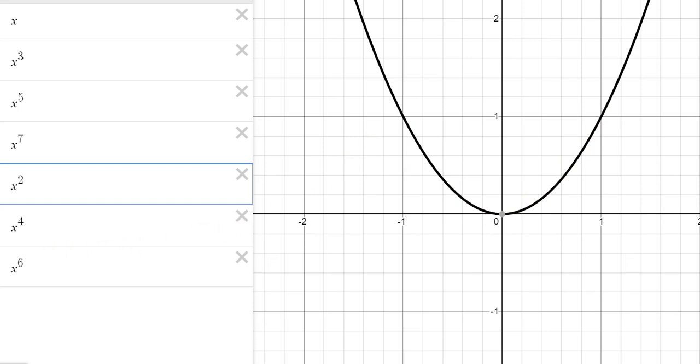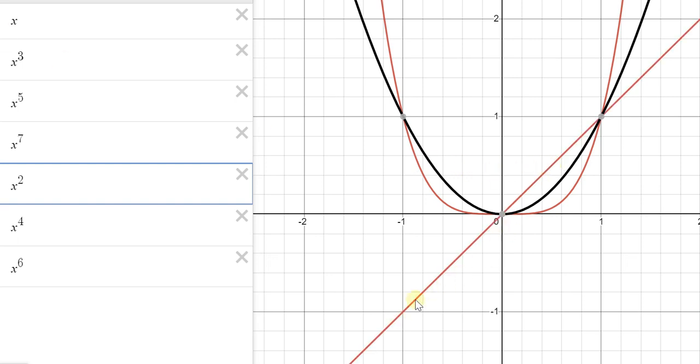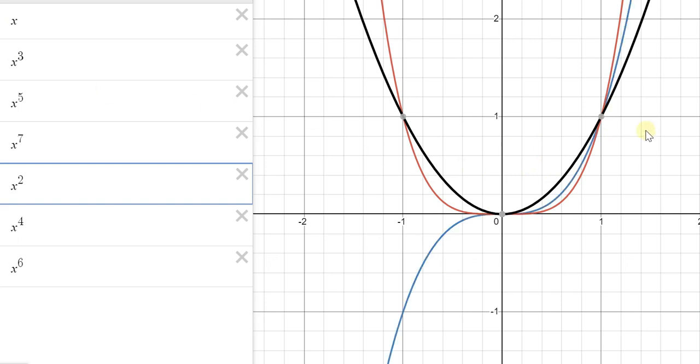Now look at x to the fourth. X to the fourth also goes through the origin, and not through it actually. I'll correct myself in a moment. See, that's what we mean by going through the line, x cubed. This is x cubed. See how it goes through it?